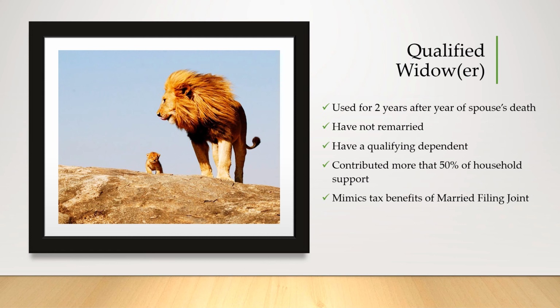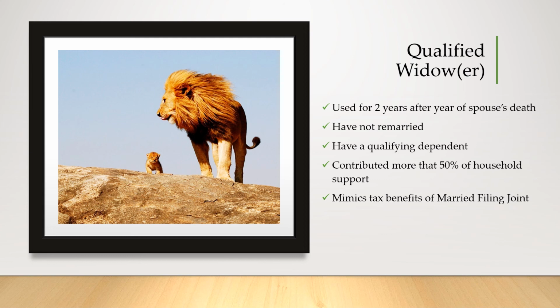And on to our final filing status, and the second of our two special filing statuses. We have qualified widow or widower. This filing status is only used for 2 years after the year of the spouse's death. The taxpayer must not have remarried. They must also have a qualifying dependent. They must have contributed more than 50%, more than half, of household support.